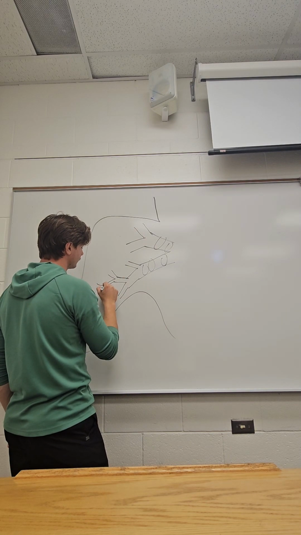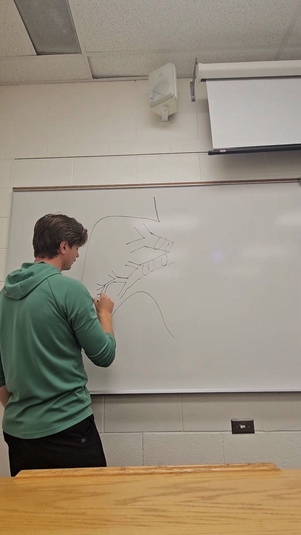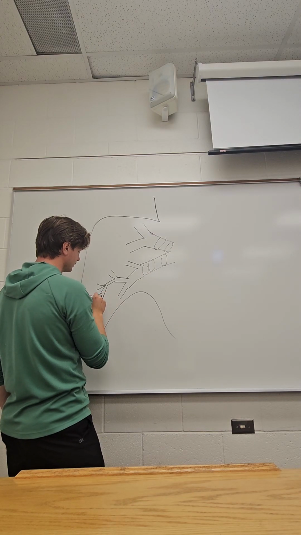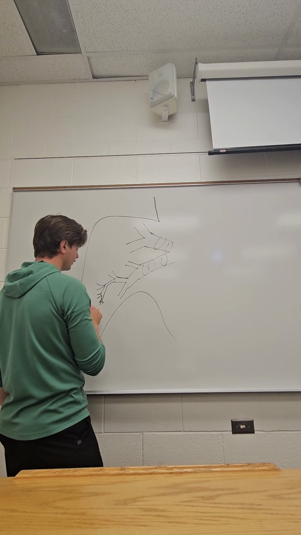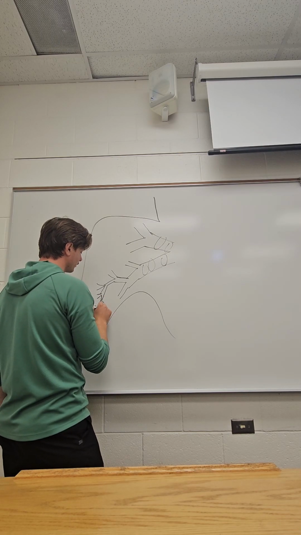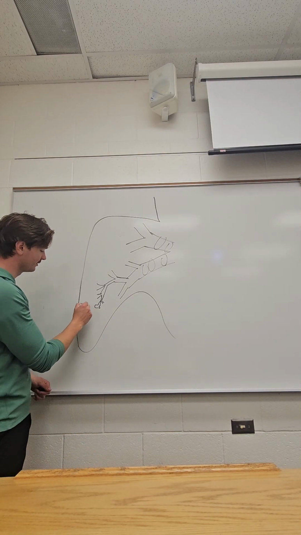As we go in this lung here, what you'll see is that at the end of these branches are alveoli, where gas exchange takes place. There's a capillary bed right here.